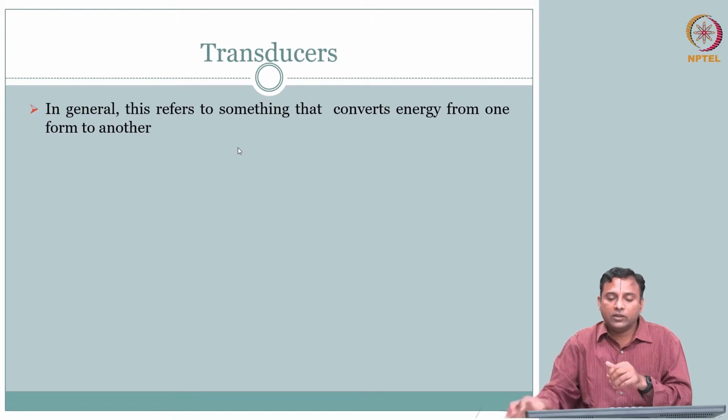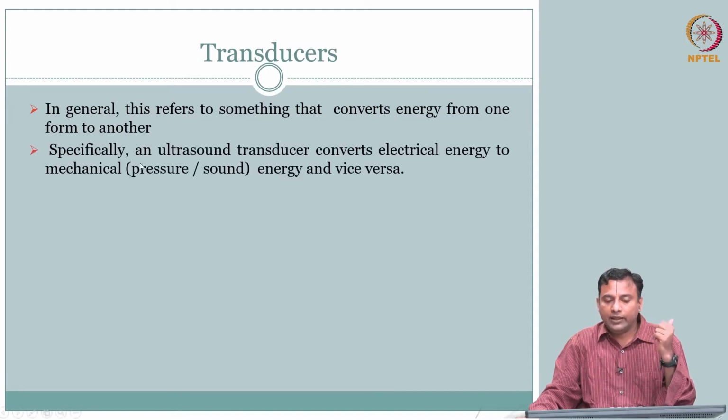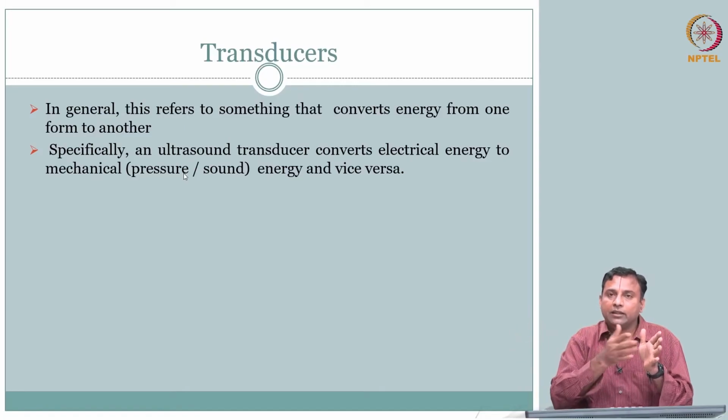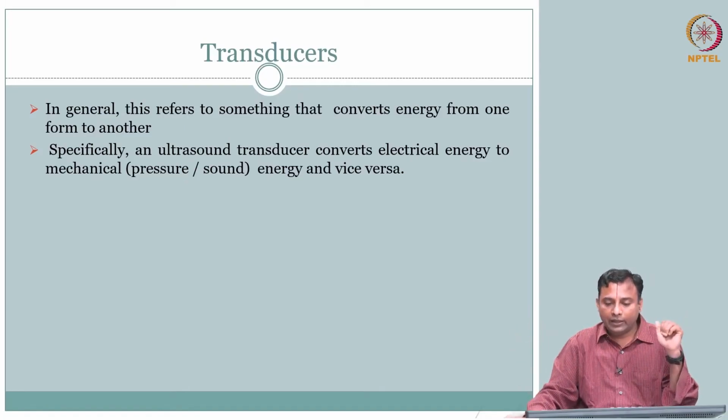The signal that is interacting in the body is a mechanical pressure wave; however, the signal that you are going to handle and process is going to be electrical. So, this transducer essentially does this conversion. On one side you supply voltage, it generates a pressure wave. On the other side, when the pressure wave hits, you want to convert it to an electrical quantity.